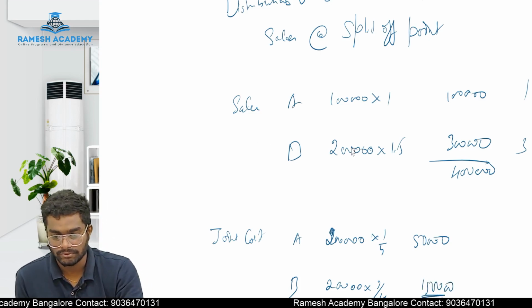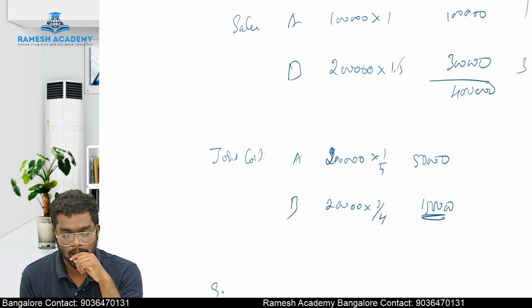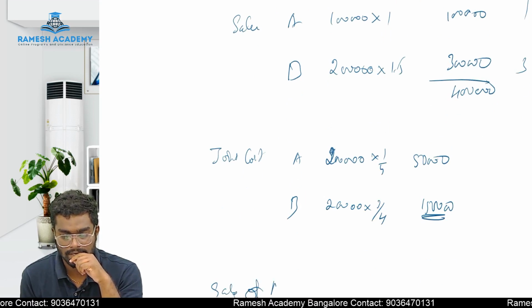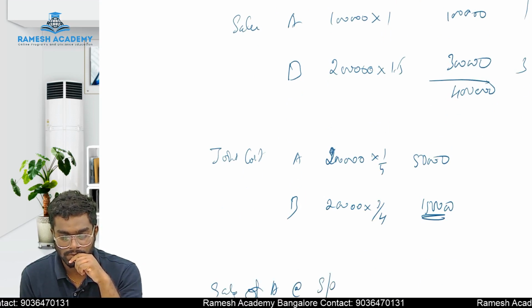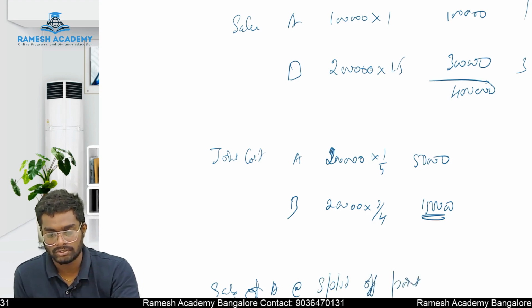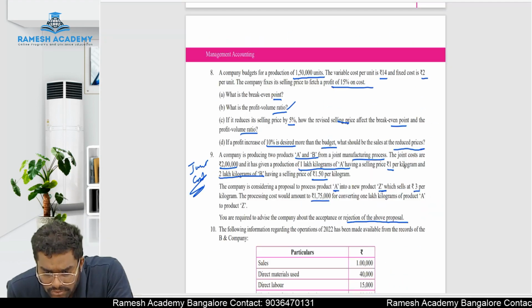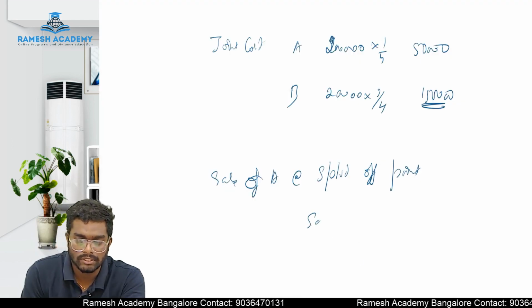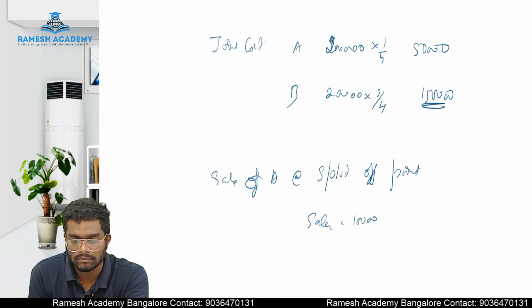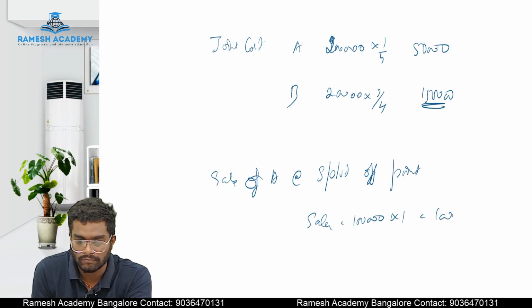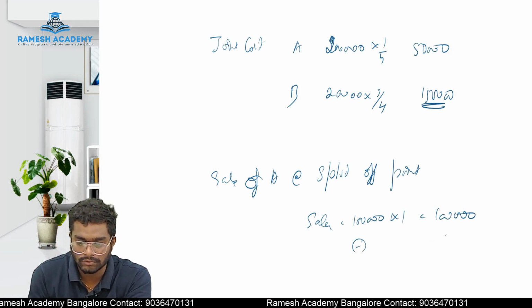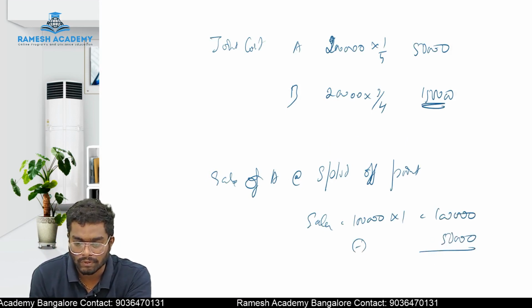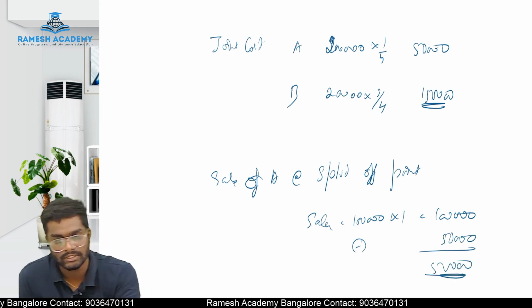Now if you sell A at split off point, it can be sold at 1 rupee, which means sales of 1 lakh into 1, so you will get 1 lakh rupees. Cost is 50,000. So this is one thing.